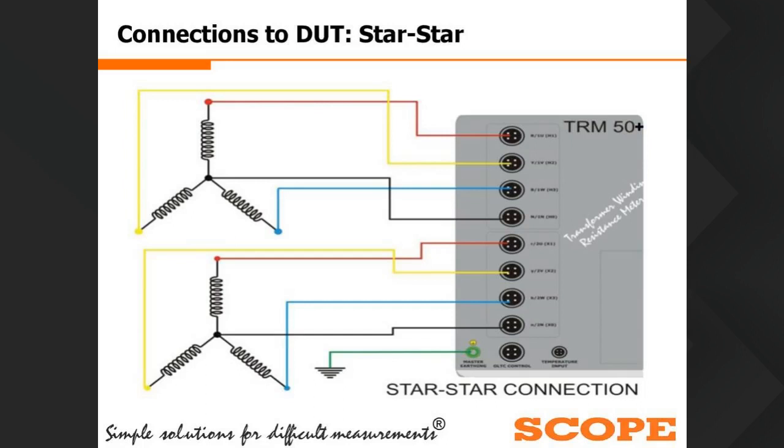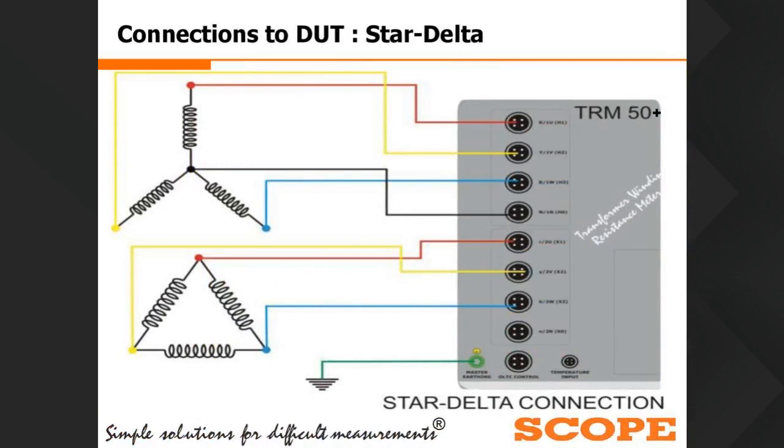Now we will see how to connect the instrument to a star-star transformer. Here you can see the instrument's RYB neutral of primary that we need to connect directly to the transformer's RYB neutral. Similarly, the secondary RYB we can connect to the transformer's RYB neutral. So in a single click, or one-time connection, we can measure resistance of 6 windings.